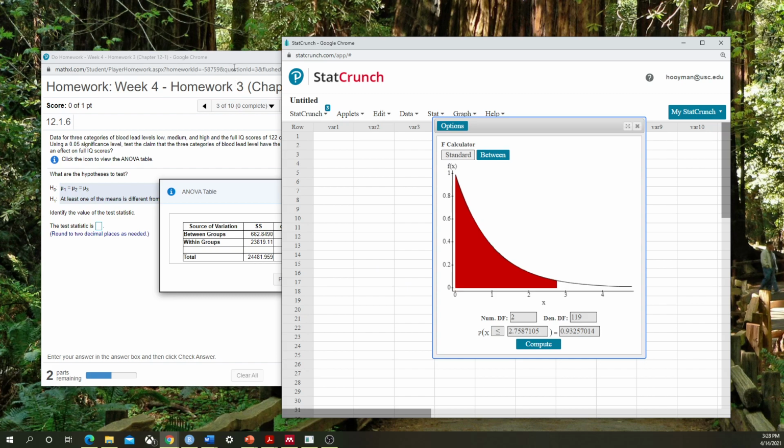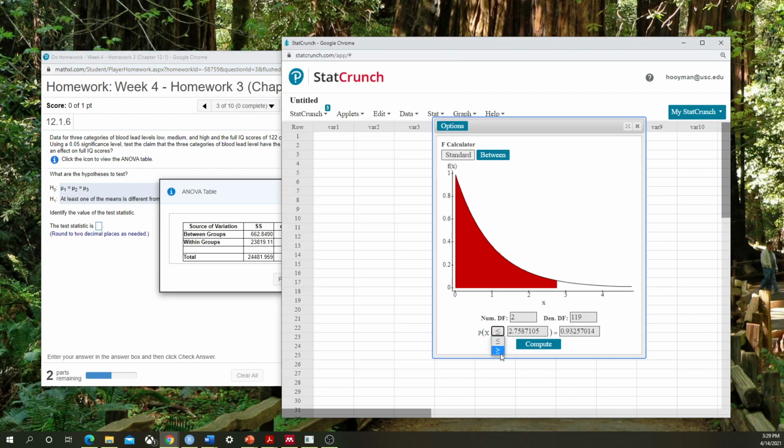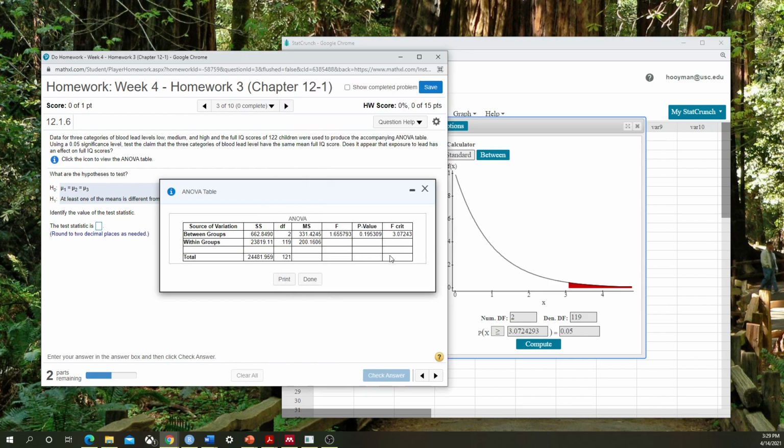So again, if our significance level is 0.05, all right, we have kind of a weird thing going on here. We're going to change it to the other side. I'm going to switch this to what our significance level would be, 0.05, compute. And so hopefully what you're seeing here, and that you can compare pretty readily, is that we do not have what looks like our normal distribution, but this is the distribution for this particular test given the number of groups and the number of participants in that group.